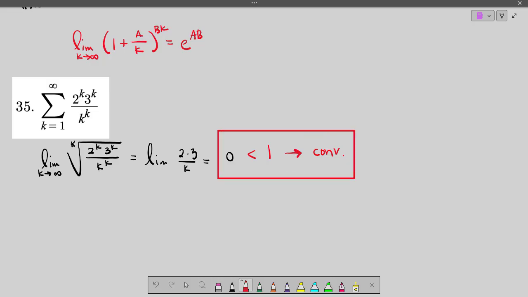So just like the geometric series, now they call this rho instead of r, so they call that rho for the root test. So if rho is less than 1, we have convergence. Parallels the geometric series. Less than 1 converge, greater than 1 diverge.